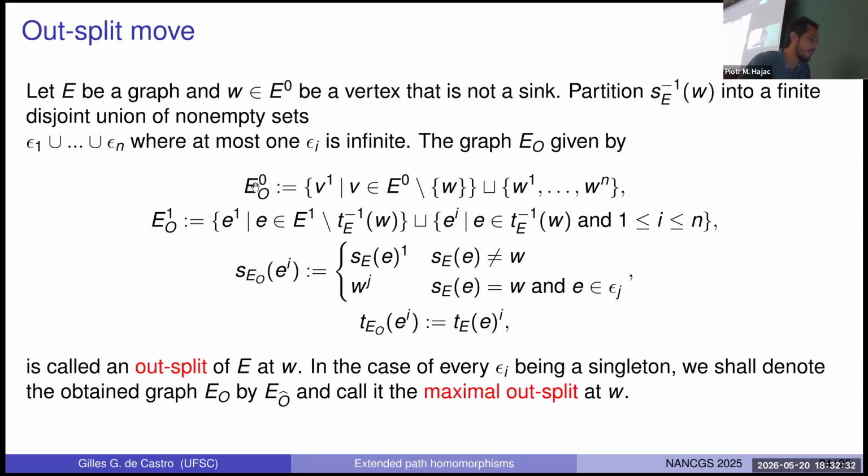So you want this map from E_O, the outsplit, to the original graph. All these copies of W we collapse back to W, and all the copies of E that we needed to make, we just collapse to the original edge E.